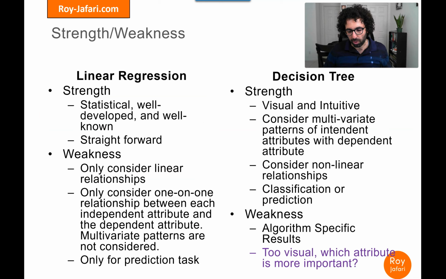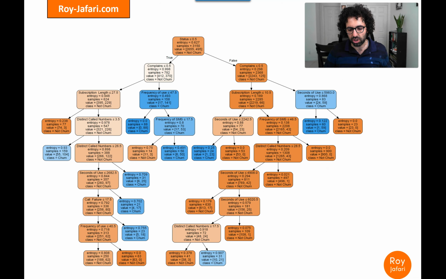So, when we were talking about decision trees, we discussed how a decision tree is a great visual tool to give us the dimensions that are important. But at the same time, if you pay attention here, it's very hard for us to really know which attribute is more important. Is it the ones that are on top of the decision tree, closer to the root?